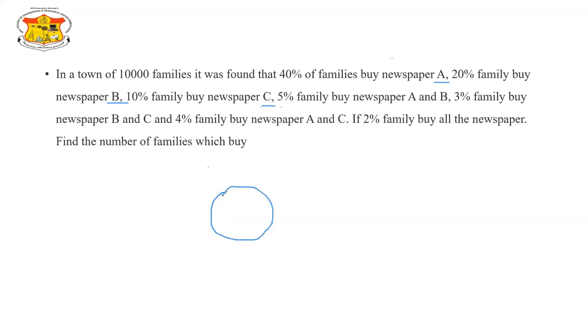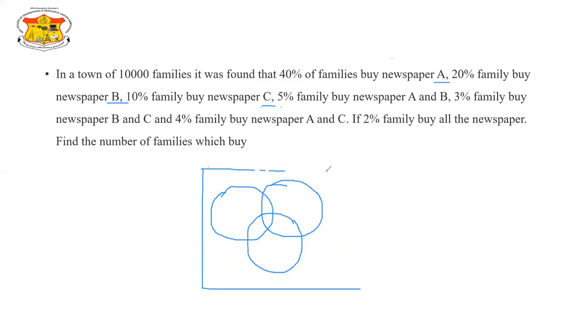This is your A, this one is your B, and this one is your C.